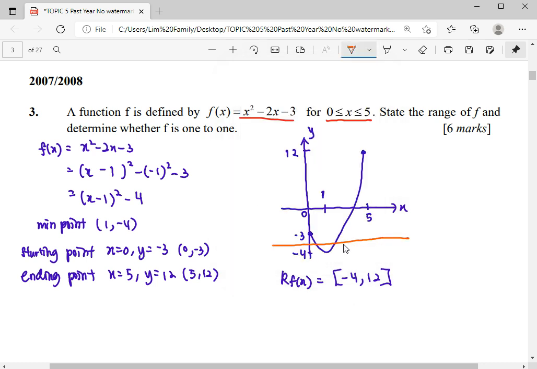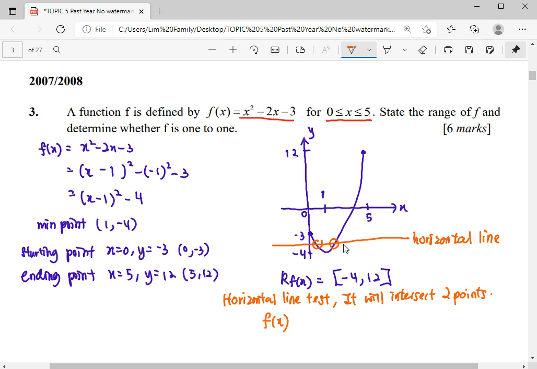Our horizontal line will be put here, and show that from the horizontal line test, it will intersect at 2 points.